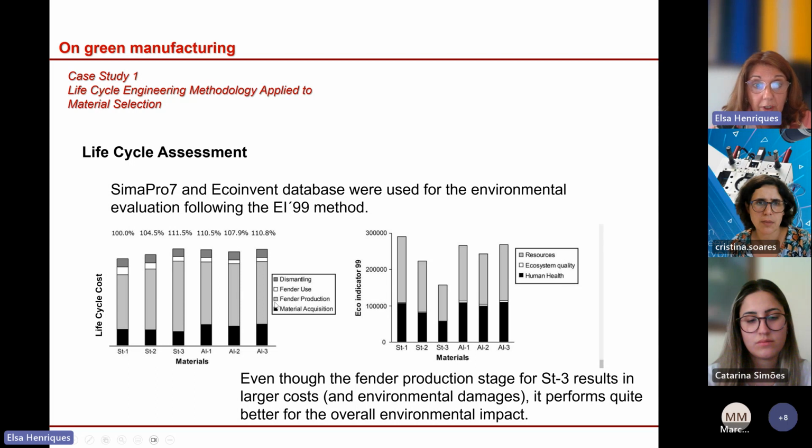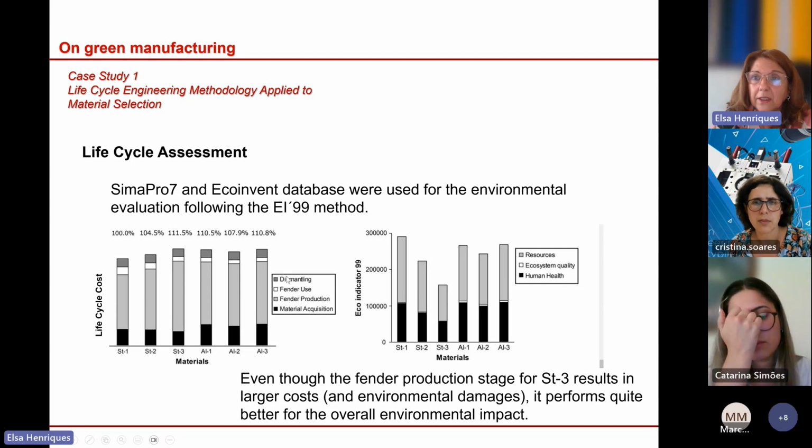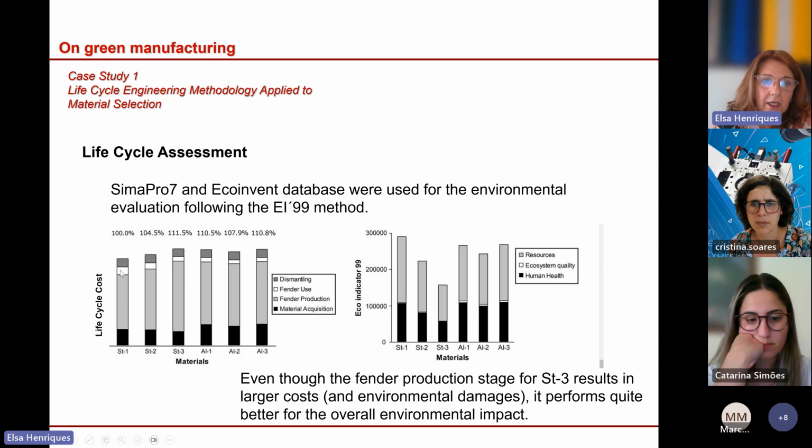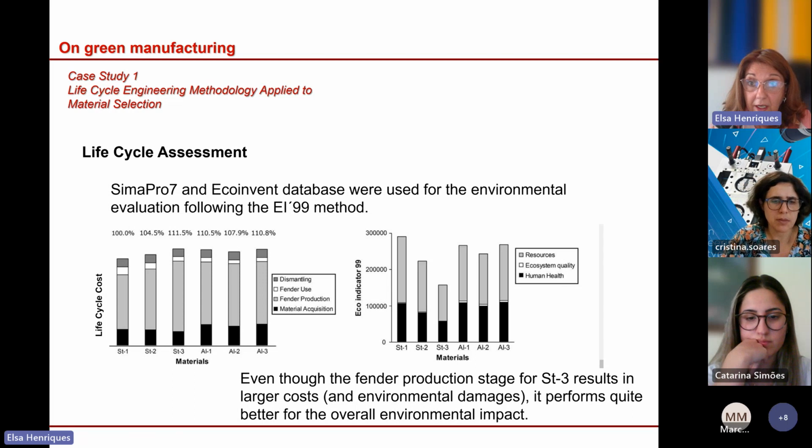Okay, here in the left part, we have the life cycle cost, not the manufacturing cost. Of course, the manufacturing cost is here in the fender production. Okay, but we have the cost of the material acquisition, fender production, fender use, and dismantling. And if you can see, in the case of high strength steels or aluminum, because they have a low density, we are going to use a lower thickness.